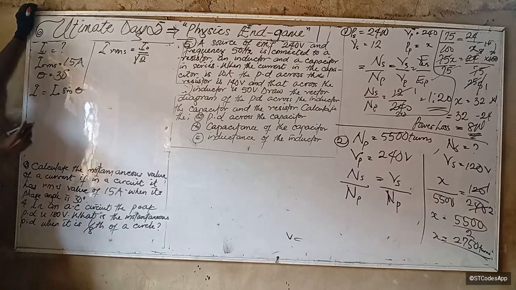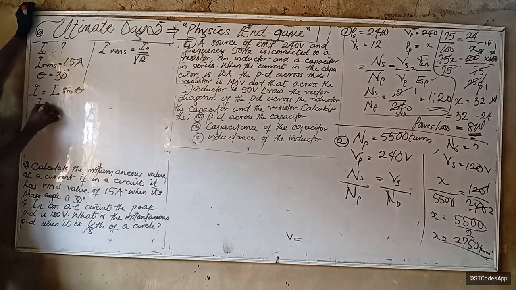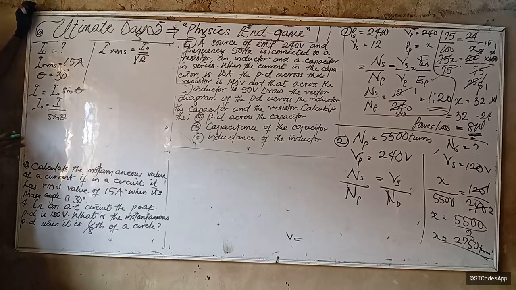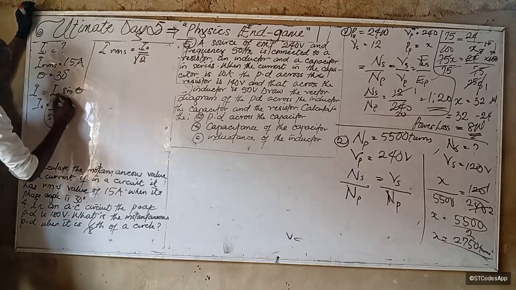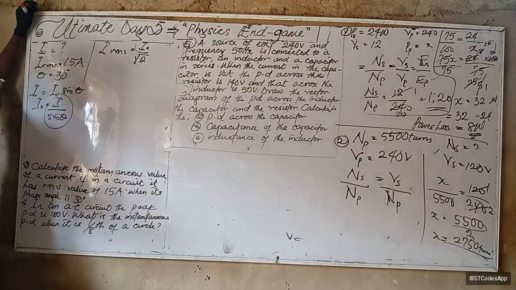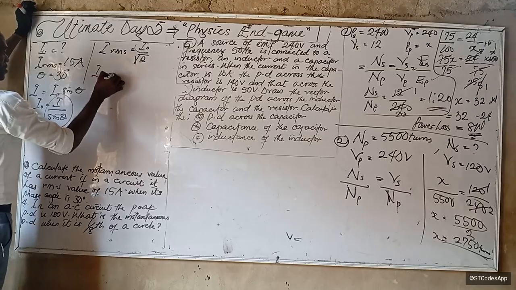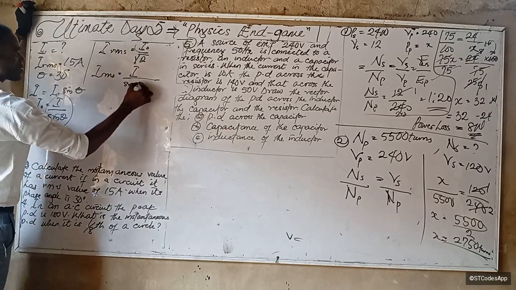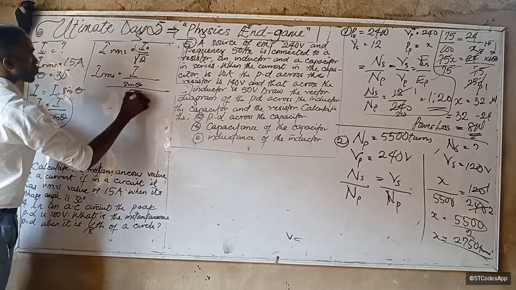Does that make sense? If this is the case, it means that I sub naught is equal to I over sine theta. So we can substitute this into the RMS equation, and I RMS will equal the instantaneous value over sine theta, all divided by root 2.